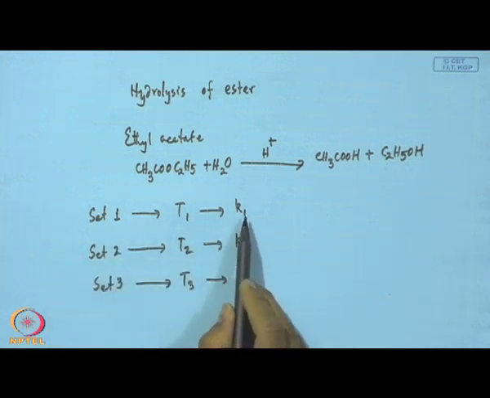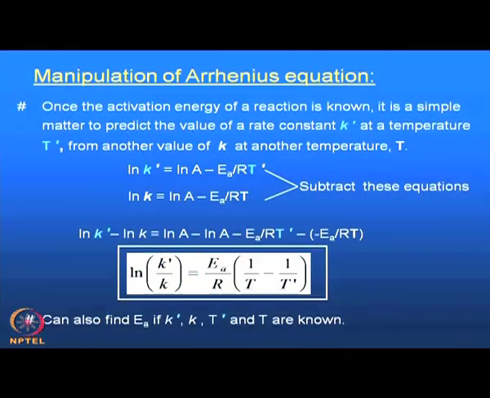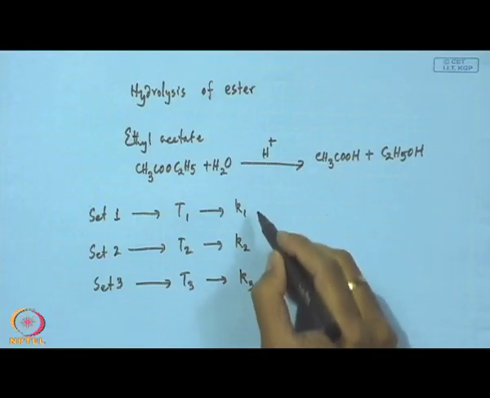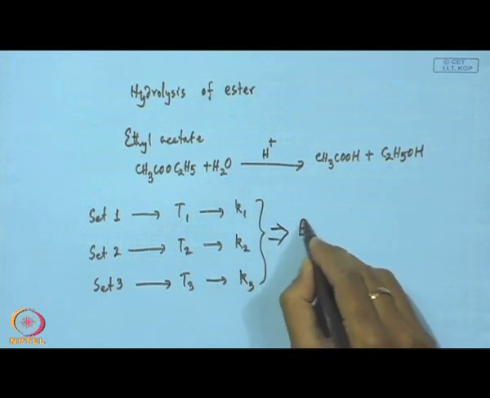For different sets you are getting K1, K2, K3, that means different sets correspond to different temperatures. Okay. So, once the activation energy of a reaction is known, it is a simple matter to predict the value of the rate constant K primed at a temperature T primed from another value of K at another temperature. That means from these you will be finding out the activation energy EA.